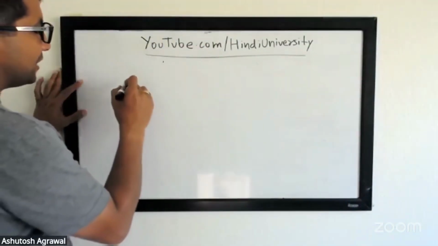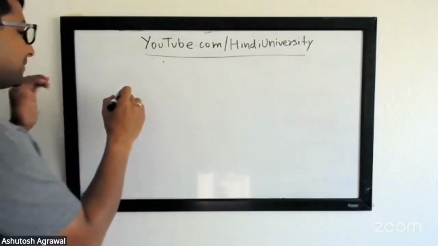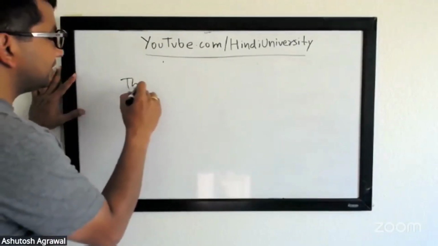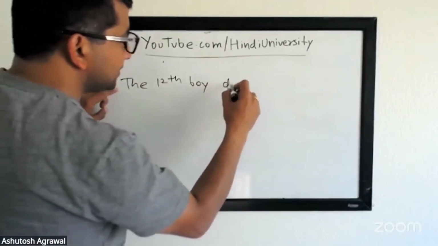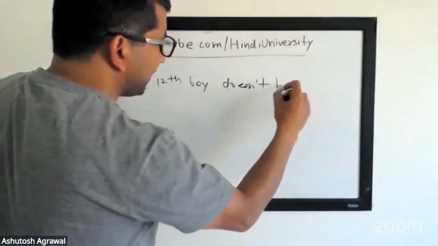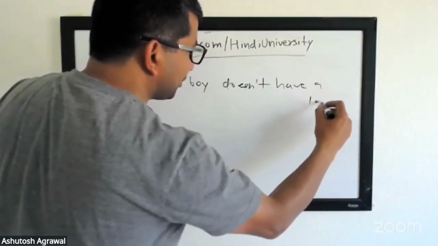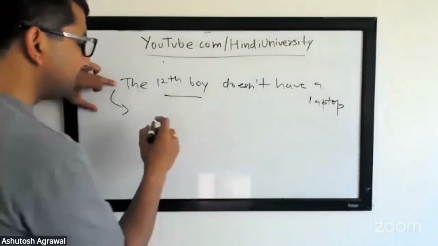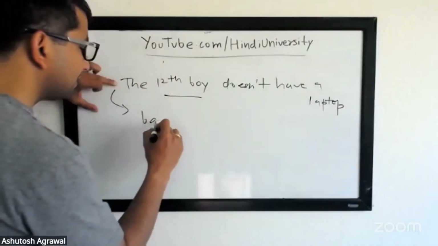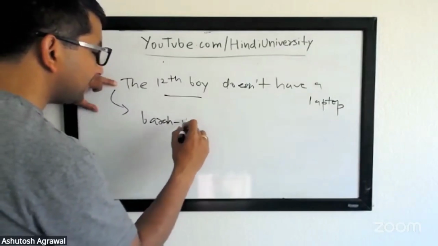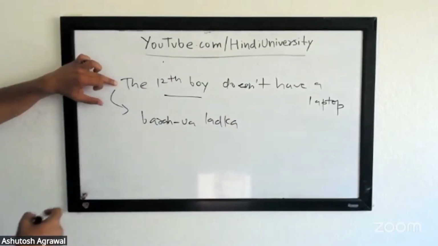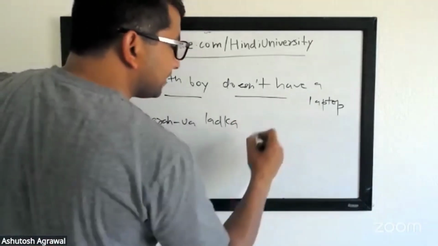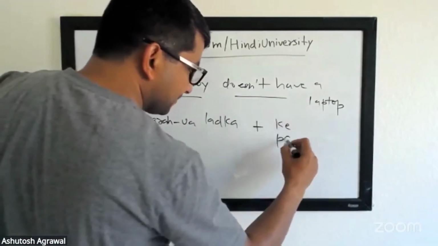Let's say you have a simple example like the 12th boy doesn't have a laptop. 12th boy is Barwa ladka. Okay, how will you proceed with this one? Yes.